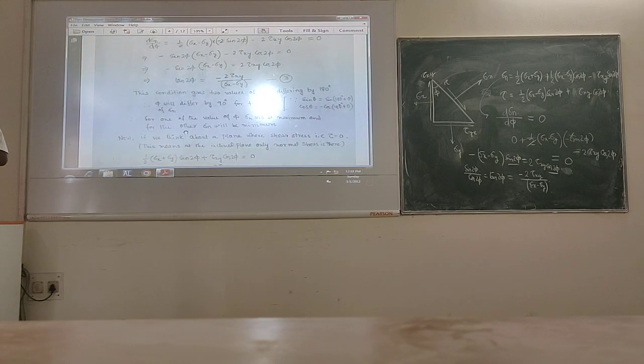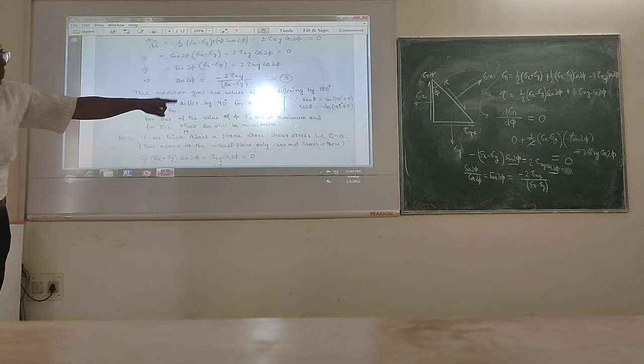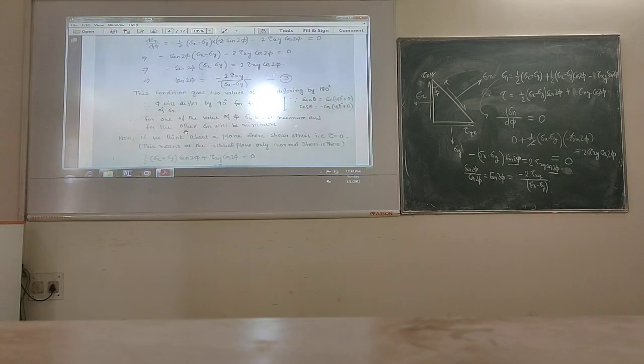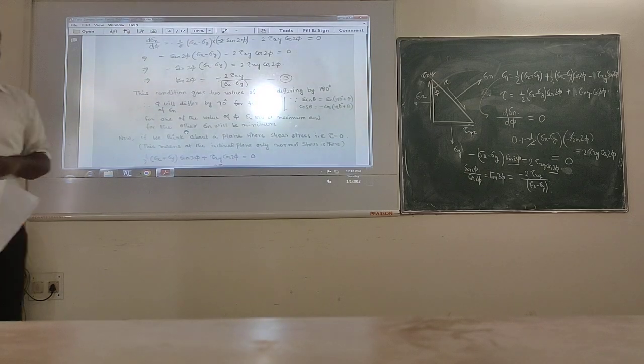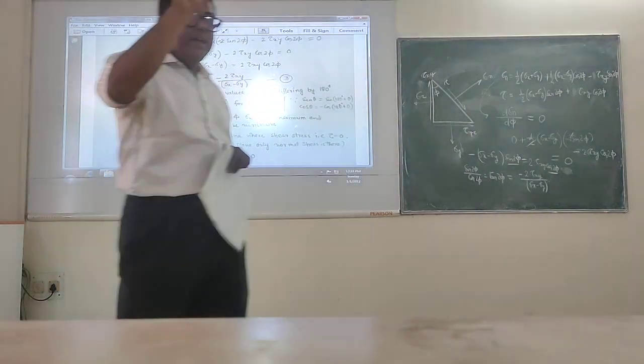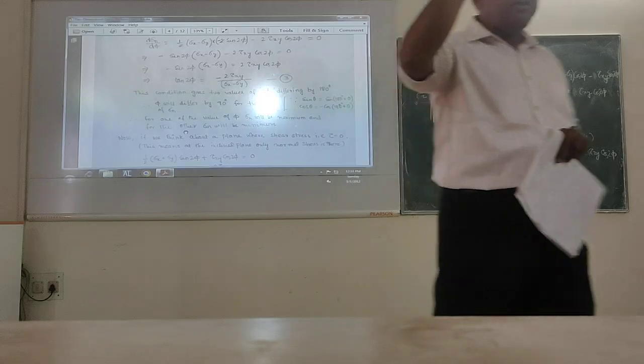So with this condition of tan 2φ equal to minus 2 tau xy by sigma x minus sigma y, you will get two values of 2φ.